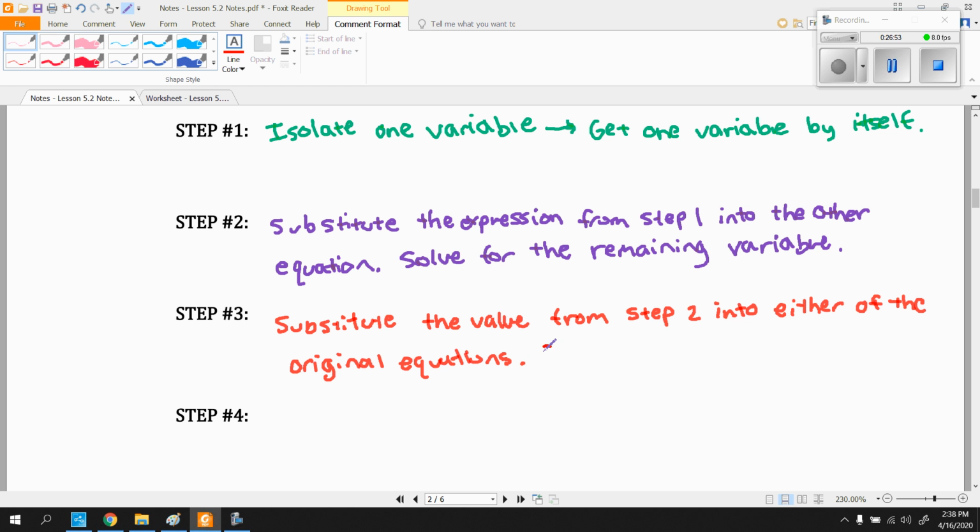And then solve for the remaining variable.